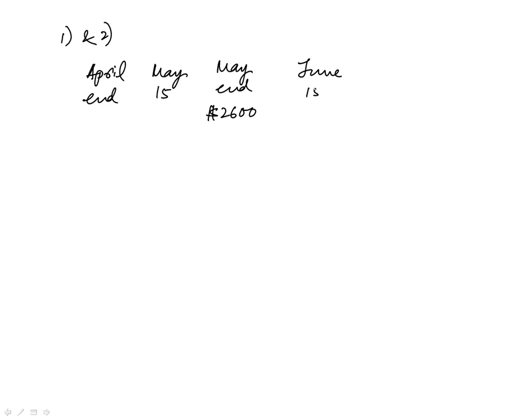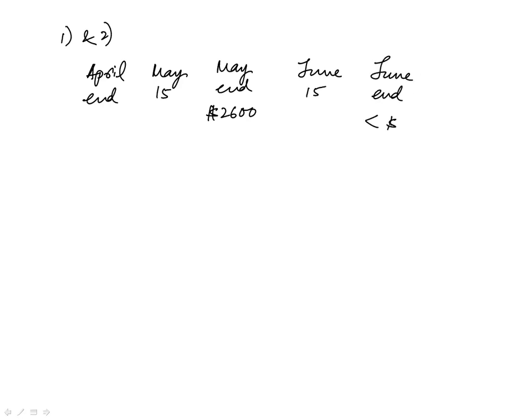So here we're given that May end, the balance is 2,600. And May 15th, something happened, and then this is April end. And then June 15th, some transaction happened, and then this is June end.